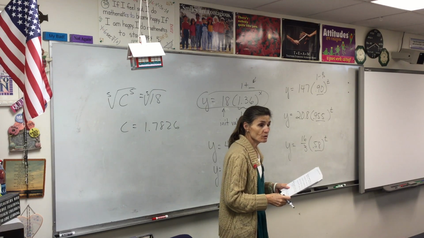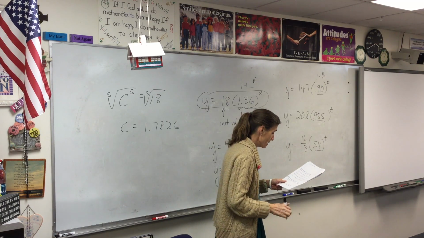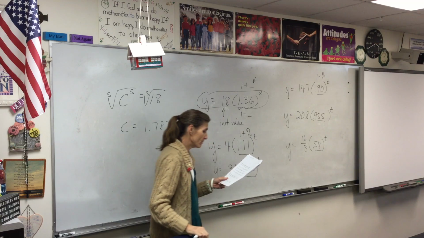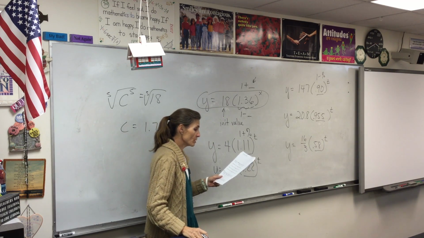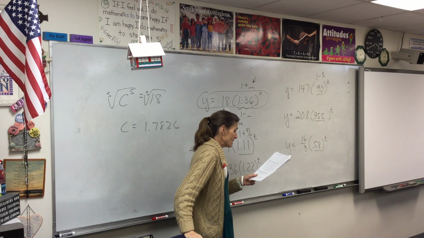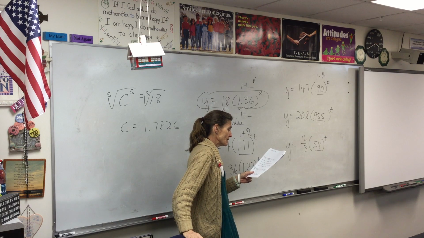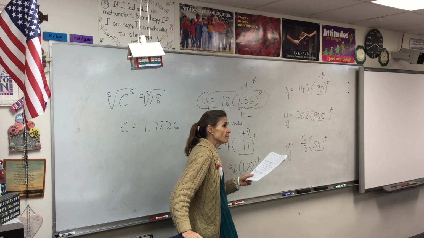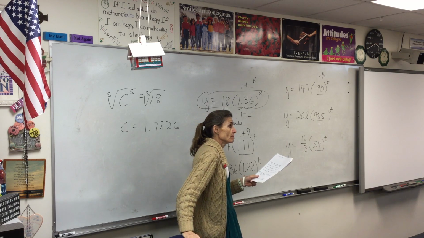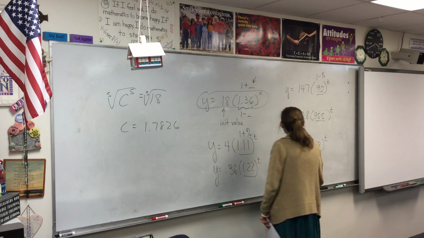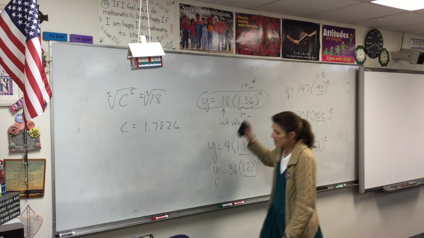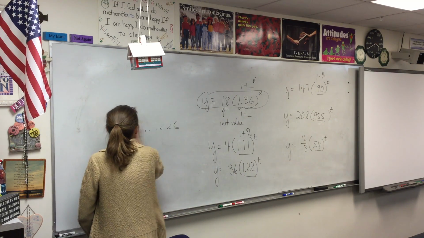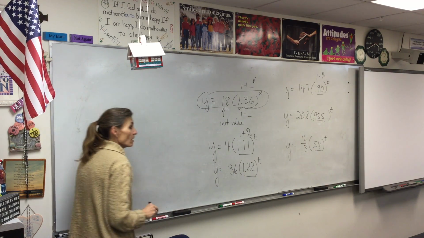You're going to apply what you just learned. The population of Calcville was 123,000. It decreases 2.5% each year. What is its population in 2010? You're going to write an equation just like one of these that describes the population of Calcville.